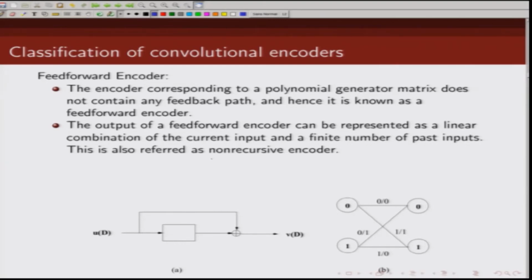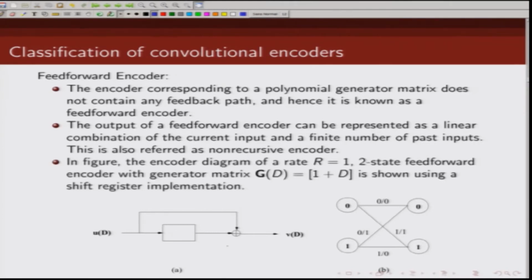We also refer to this type of encoder as a non-recursive encoder, and as we said, this is an example of a rate 1 code, because for 1 input bit, there is 1 bit coming out, and the generator matrix of this rate 1 code is given by 1 plus D. You can see this is an example of a feed forward encoder whose generator matrix is a polynomial generator matrix, and there is no feedback from the output to the input side.